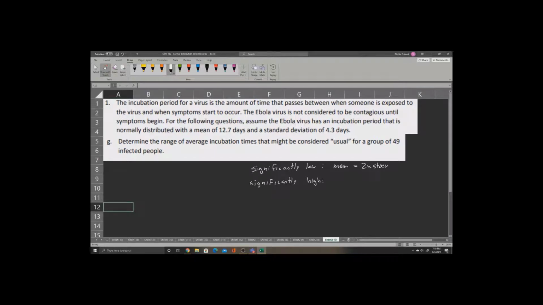And the significantly high would be the mean plus 2 times the standard deviation. However, we are not looking at individuals, we are looking at a group of 49 infected people. So we're going to again make an adjustment to the standard deviation and divide both of them, the significantly low and the significantly high values, by square root of n. So that our equation for significantly low is now mean minus 2 times standard deviation divided by square root of n.